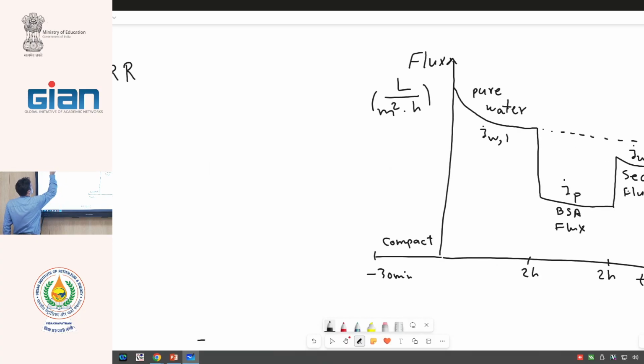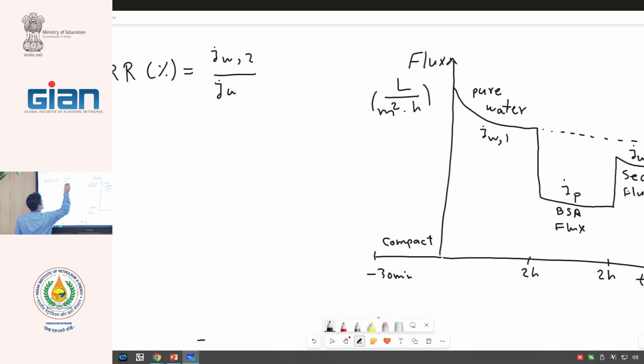FRR, flux recovery ratio, is the flux of the second pure water to the flux of the first. If the flux of the second and the first is the same, we have 100 percent FRR, which is ideal. We usually cannot reach this, okay?